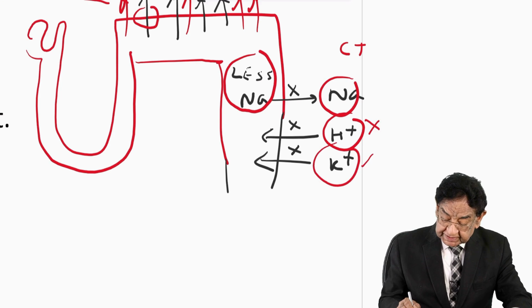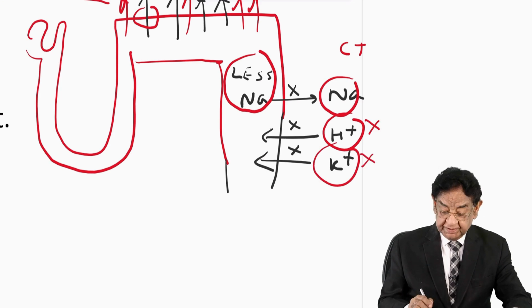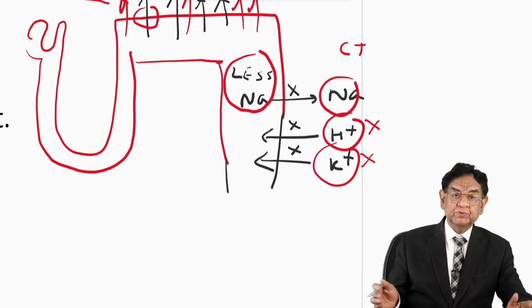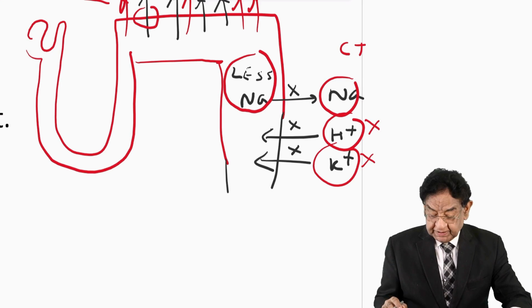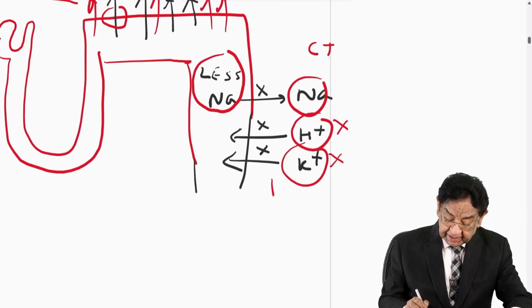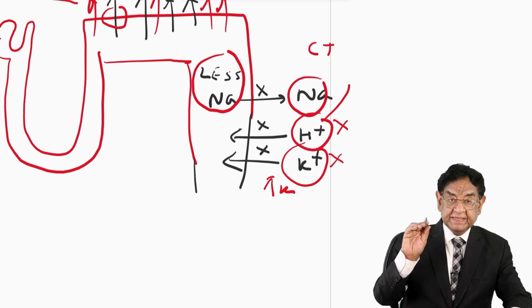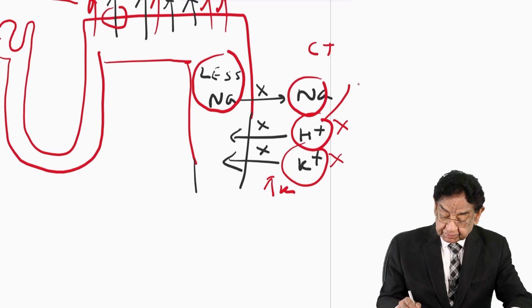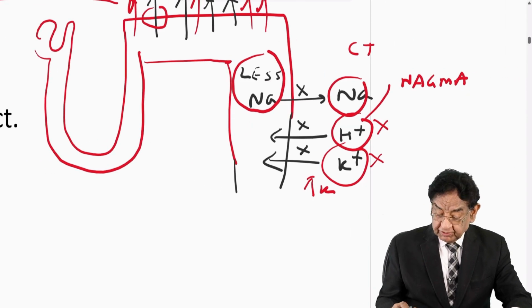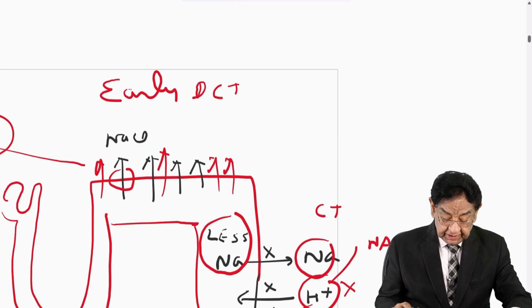Potassium will not be secreted out because sodium is not coming in, so there is nothing to neutralize electrically. So this is the reason in these patients hyperkalemia occurs. And H ion not going out, H ion remains in the body, it leads to non-anion gap metabolic acidosis.